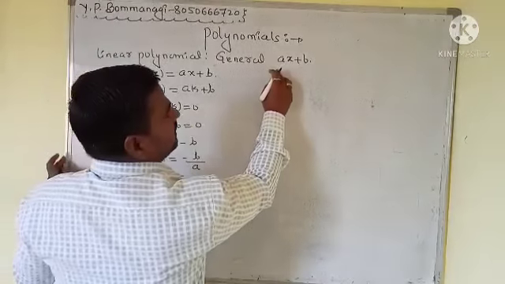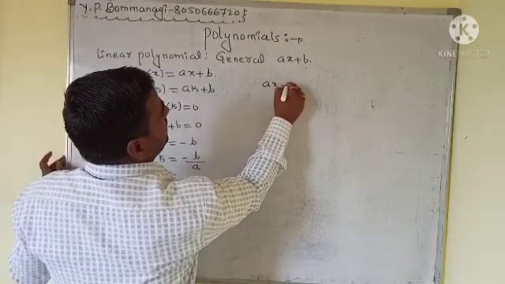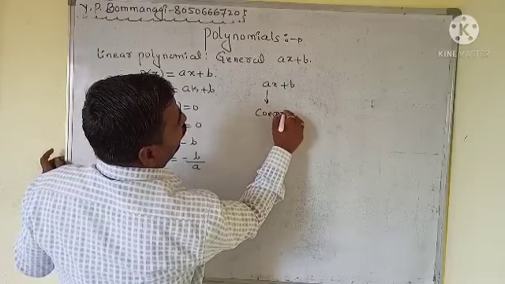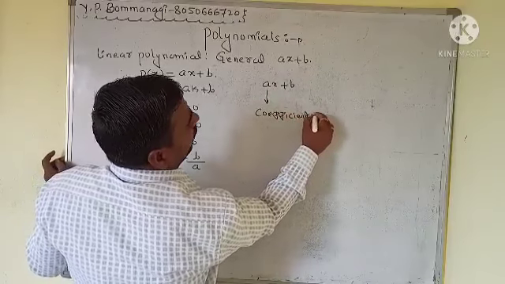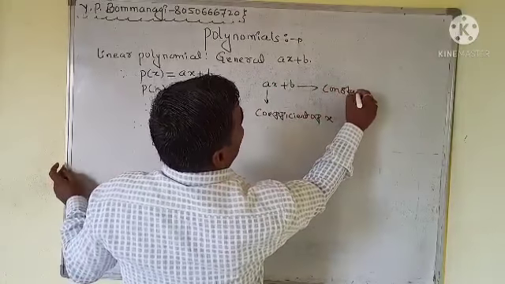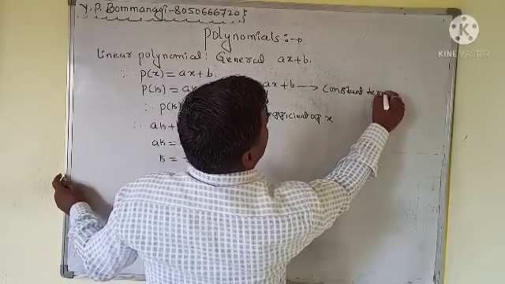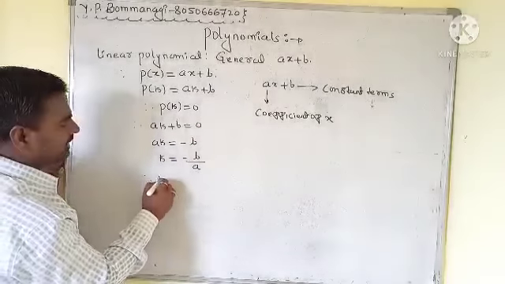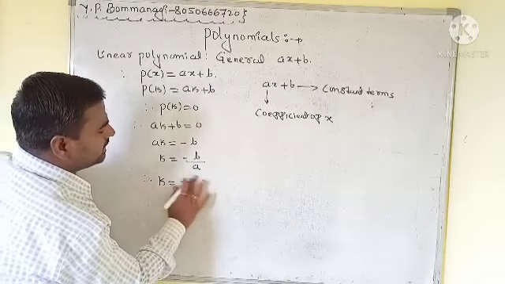So look at this one. In this expression, ax plus b, this is the coefficient of x. What about this one? This is the constant term, right? In this expression, we define k is equal to minus b.